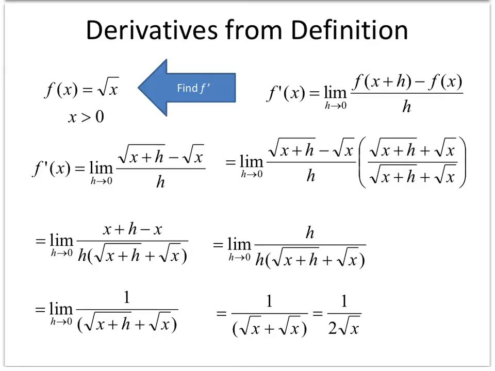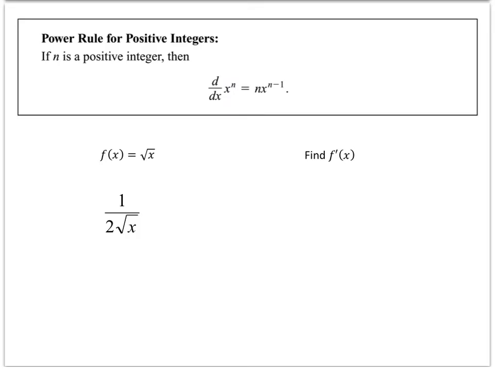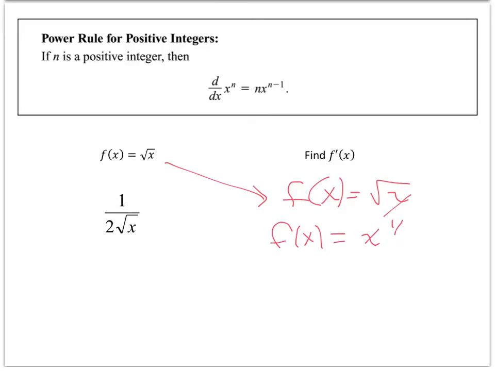All right, so here's this big old bad one I asked you guys last time. Who remembered that? We went through all those steps. So now we say, we don't want to do that. If I have f of x equals square root of x, I can write that as x to the 1/2 power, and now it looks like a power.